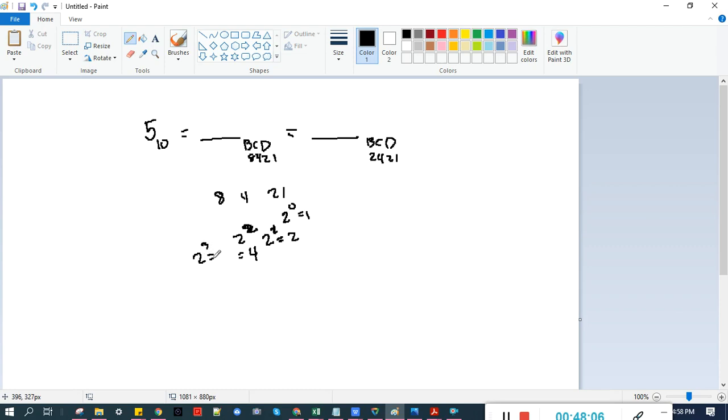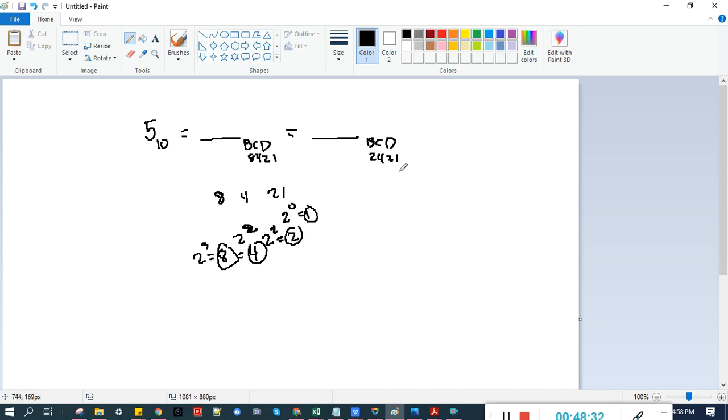Then 2 to the 3 is 2 times 2 times 2, which is 8. So 8, 4, 2, 1. But for 2421, we will be using 2, 4, 2, 1 instead of 8, 4, 2, 1.